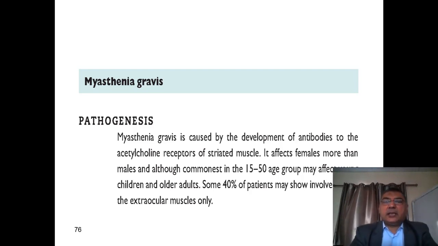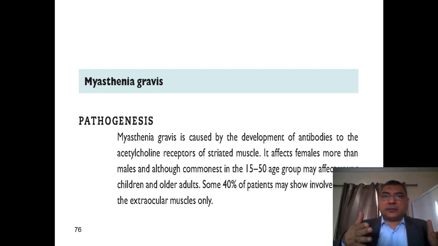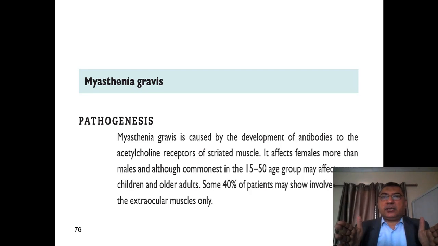In this case, the muscle is affected, so this patient will present with right esotropia, the same example as we said to understand the strabismus, for example 15 degrees. But in this case, this patient with myasthenia gravis will have this esotropia at the end of the day. Early in the day, when he is comfortable, there is no deviation.